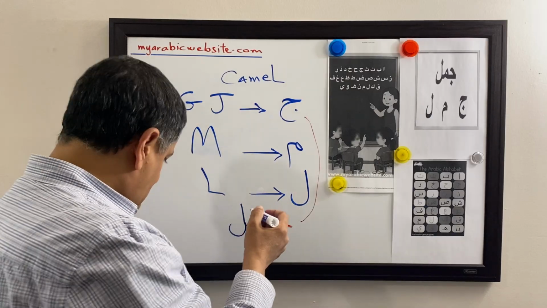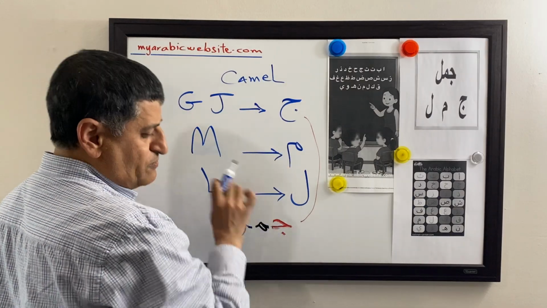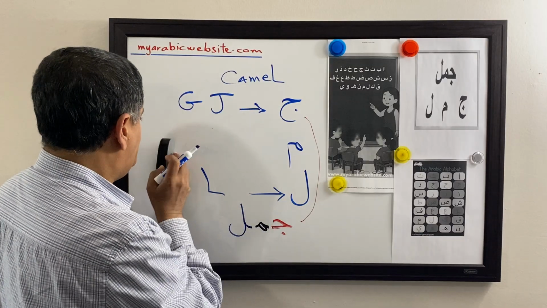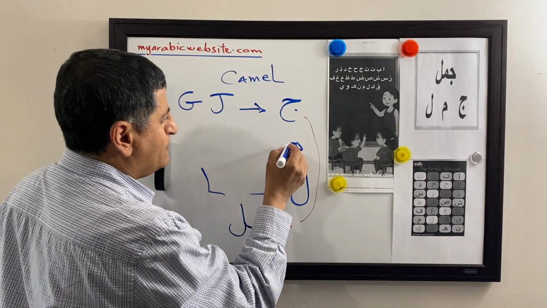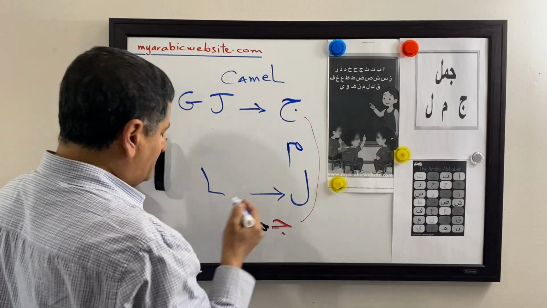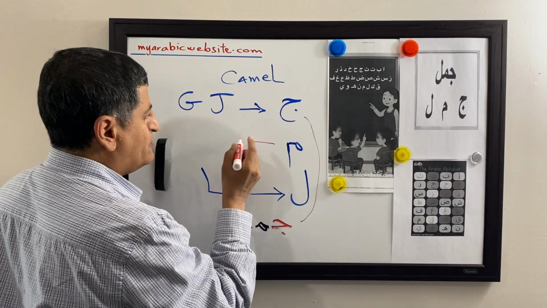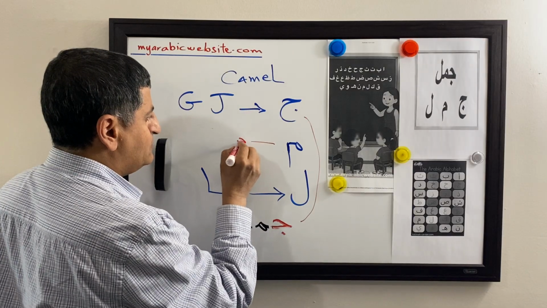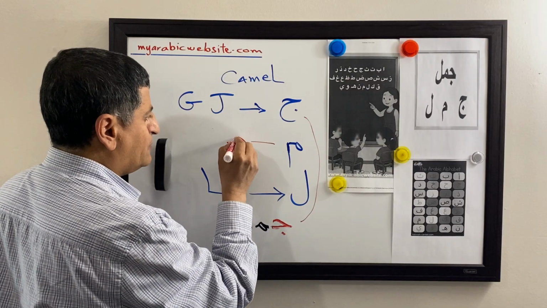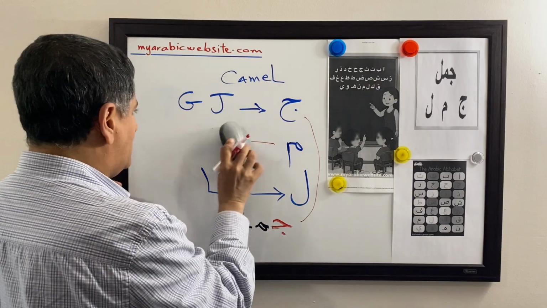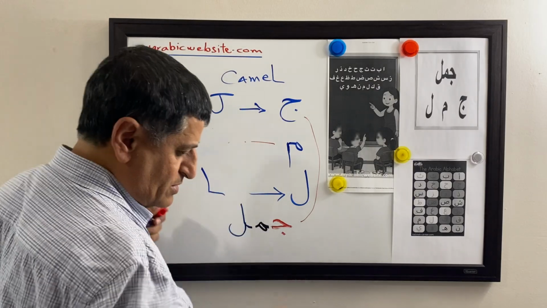So the Mim form, like the M sound. We do this here. Mim has this form in the beginning of the word. The red one is not writing well. Okay, let me use a different color, the black one here.